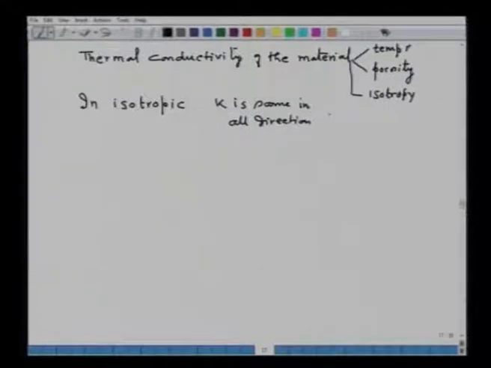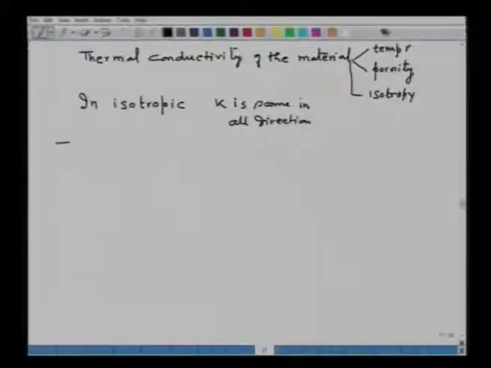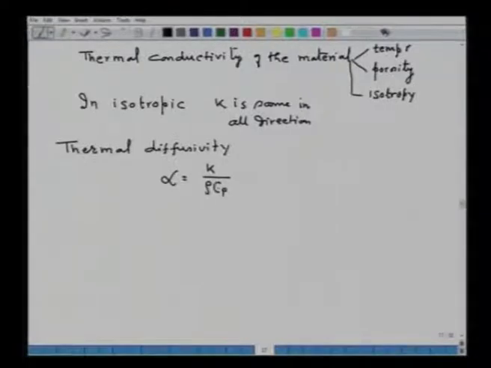As regards porosity, lower the porosity, higher the thermal conductivity, and higher the porosity, lower the thermal conductivity. We can define another term from here, that is thermal diffusivity, defined as alpha equal to K upon rho into Cp, where the dimensions of alpha are meter square per second.